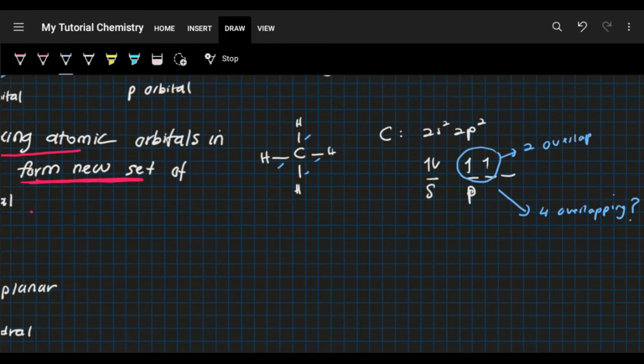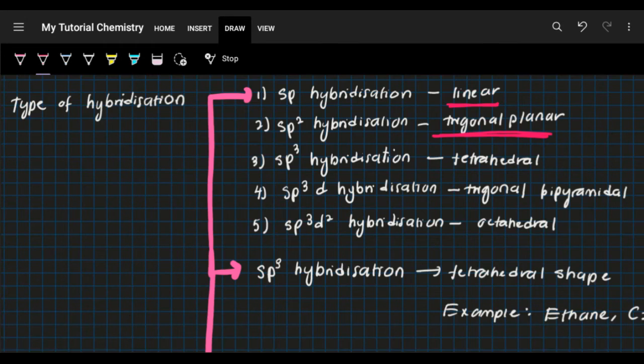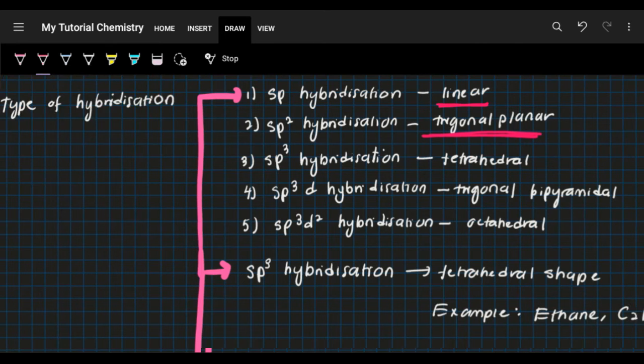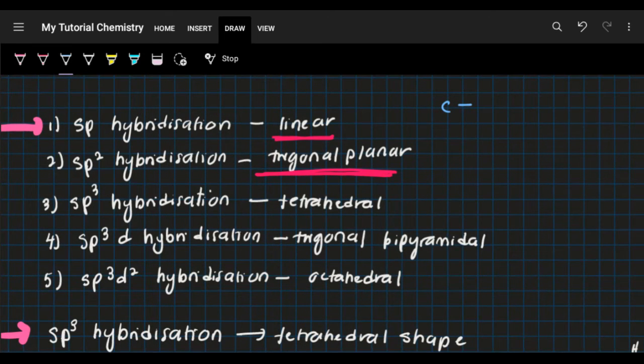So we look at the types of hybridization. Hybridization has 5 types. First, sp hybridization, meaning that the central atom has a linear shape.